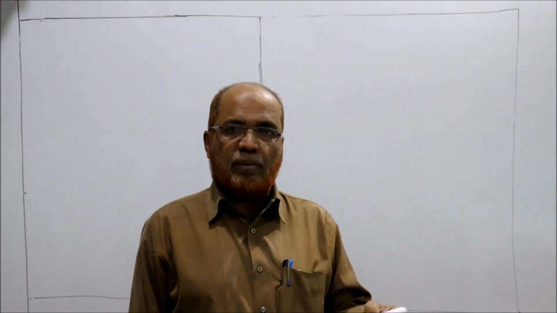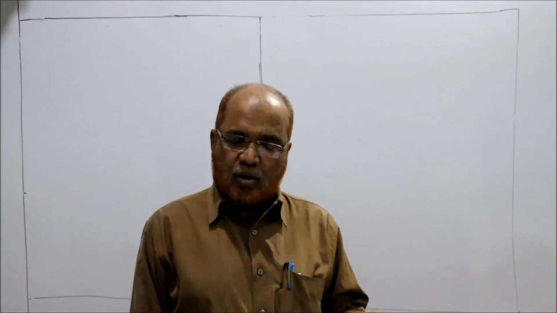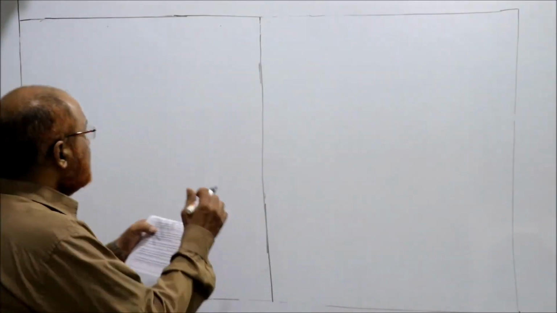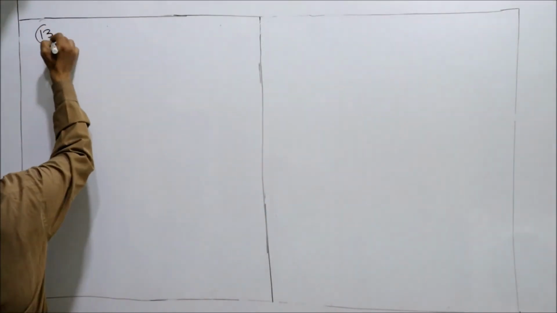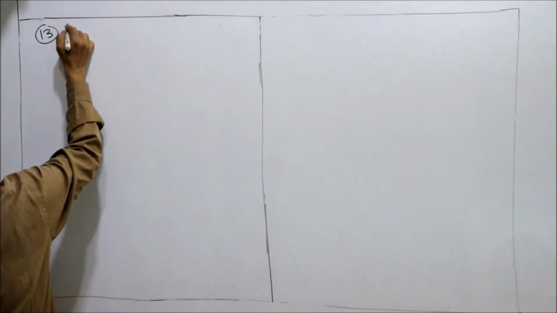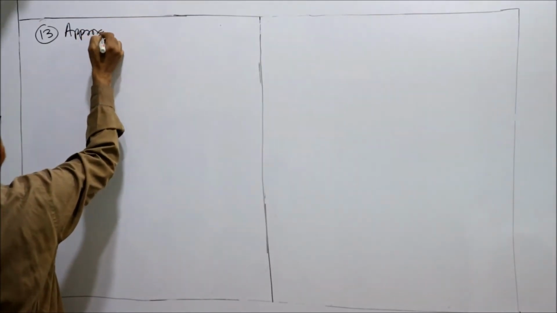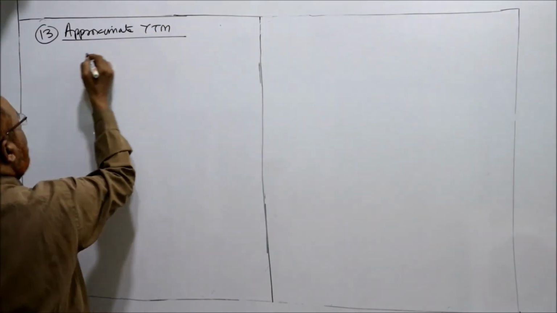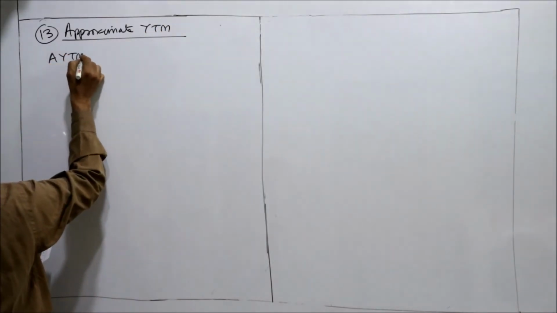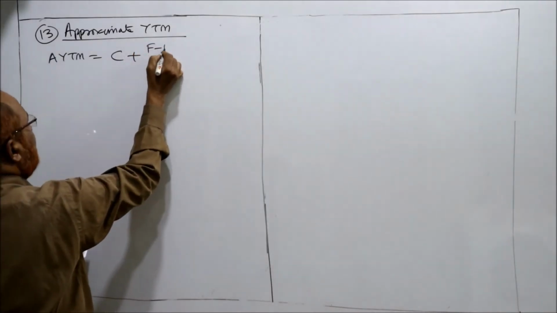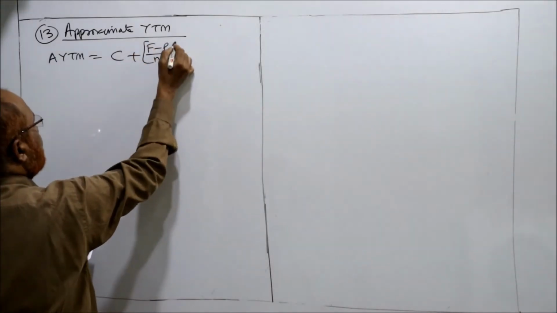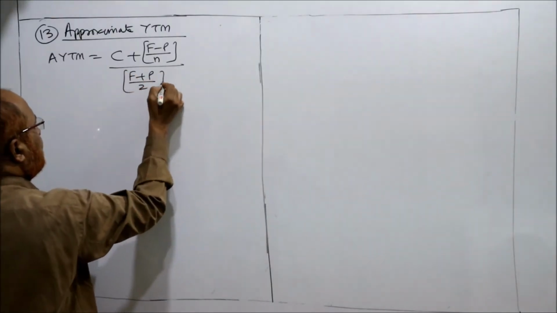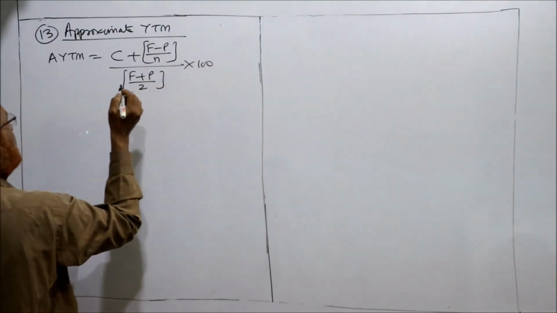Again, it is not given in the problem whether we have to calculate actual YTM or approximate YTM. But the shortcut method is we'll go for approximate YTM. The formula is C plus F minus P by N, divided by F plus P by 2, into 100.